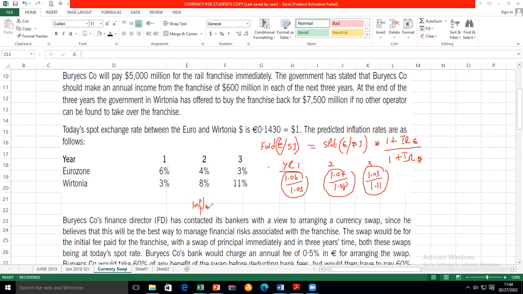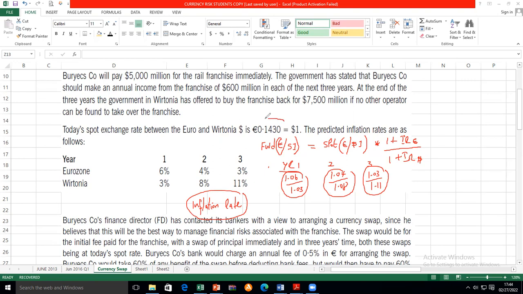How did you fare on this one? Inflation rate differential is what you're supposed to use. So this expression on top is very important. Once you put that, how do we know that?